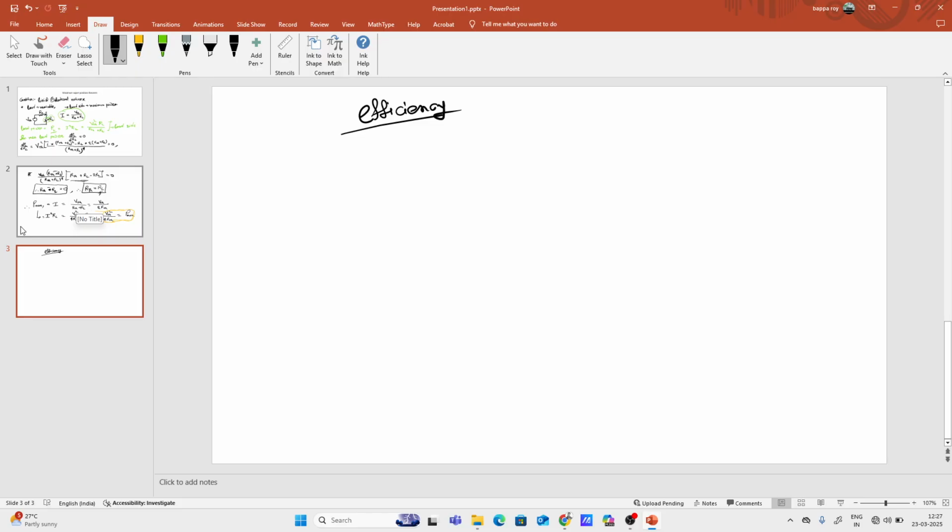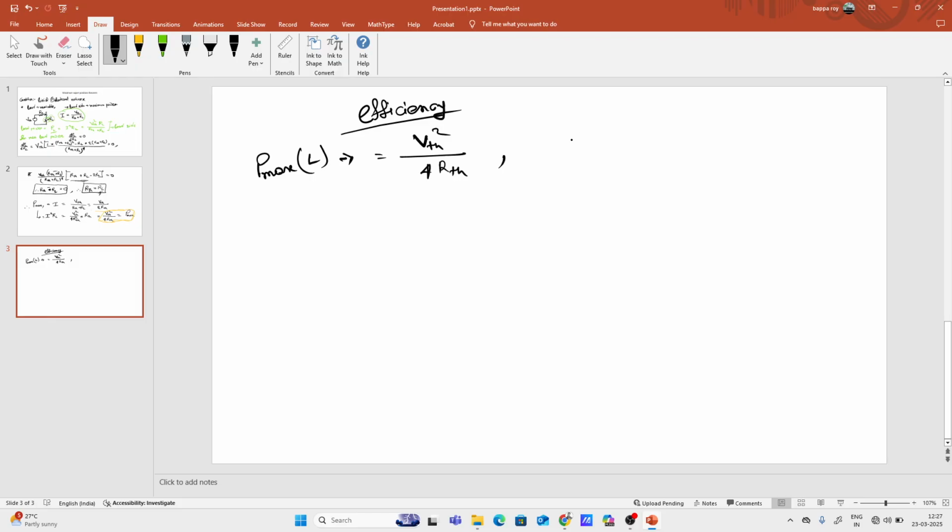For that, what we have calculated, maximum power in load, P max at load side, we have calculated just now, VTH square by 4 RTH.